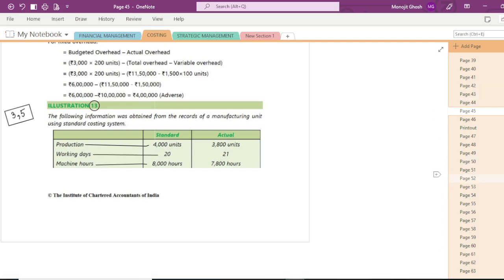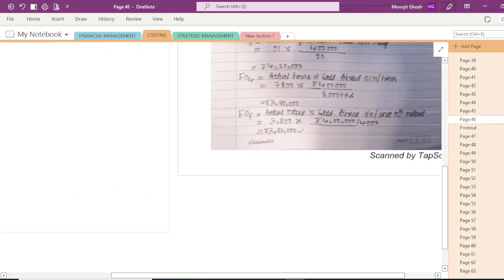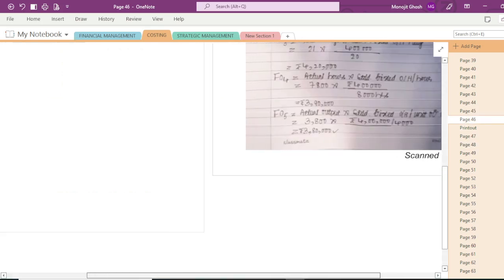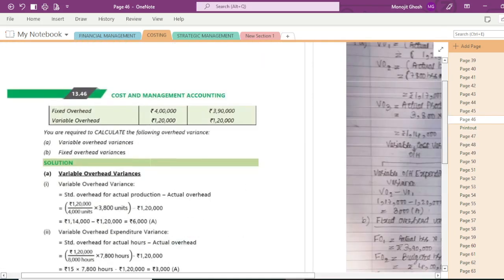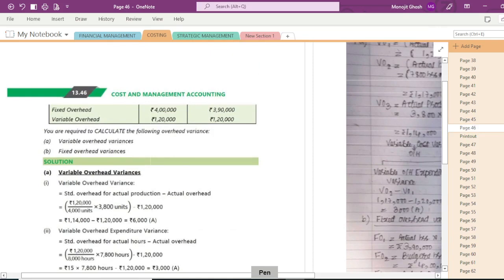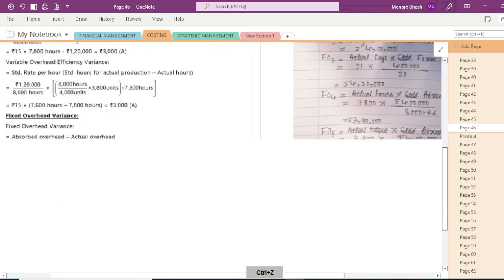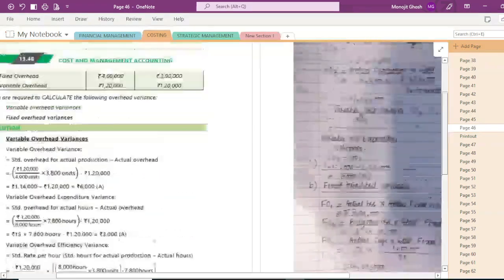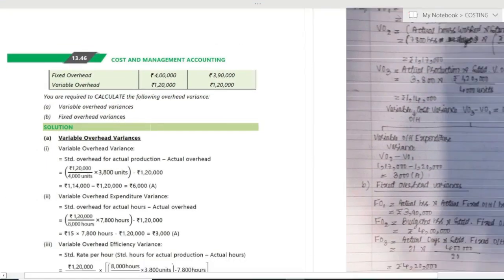So fixed overhead and variable overhead is also given, okay. Information about fixed overhead and information about variable overhead. Okay, you are required to calculate the following overhead variances: variable overhead variances and fixed overhead variances.